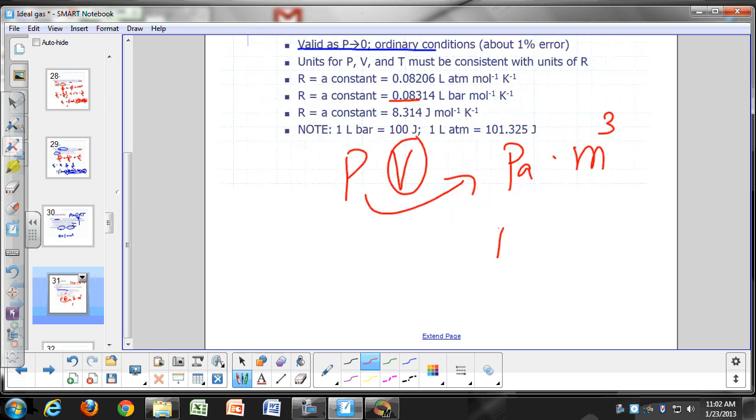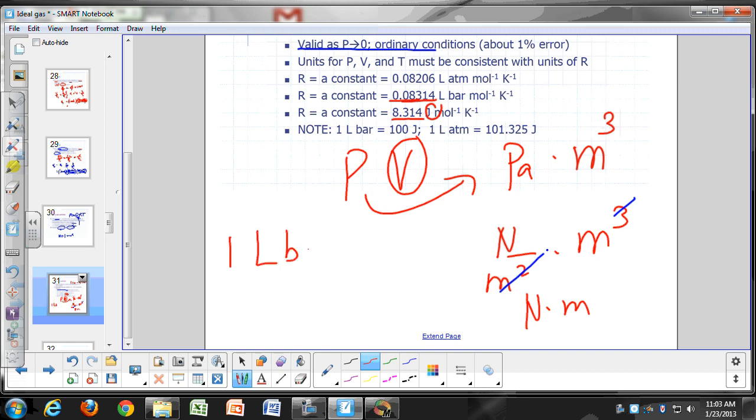A pascal is a newton per square meter, and a cubic meter is a cubic meter. What happens if you multiply these two? Meter squared and meter cubed cancel out, so you just have a newton meter. What's a newton meter? That's a joule. You'll notice these digits, 0.08314, are the same digits as 8.314, but this is in joules. So you can see that 1 liter bar is in fact 100 joules.